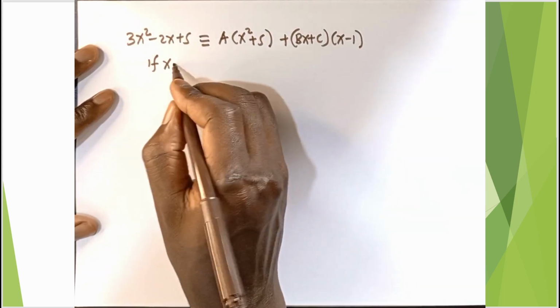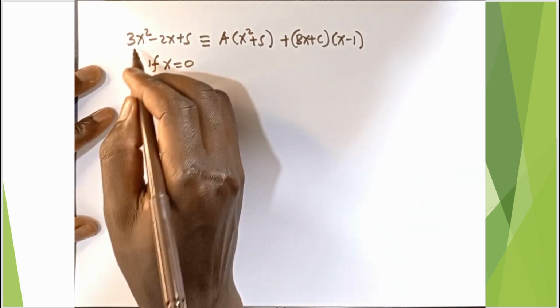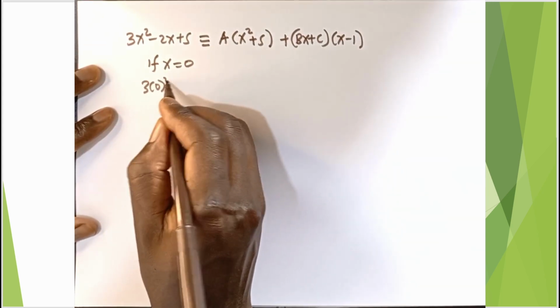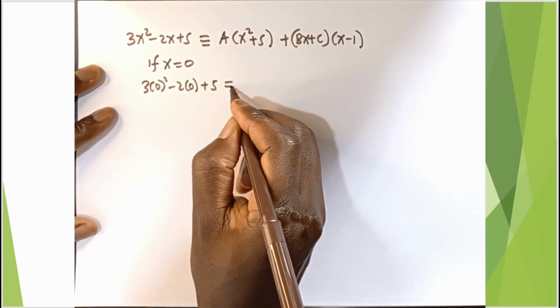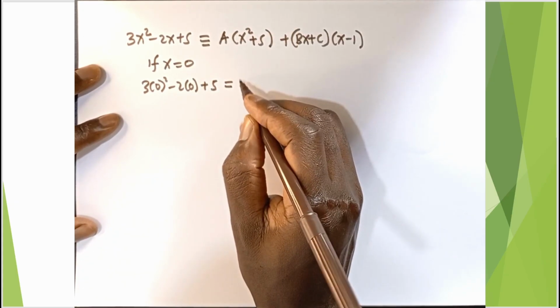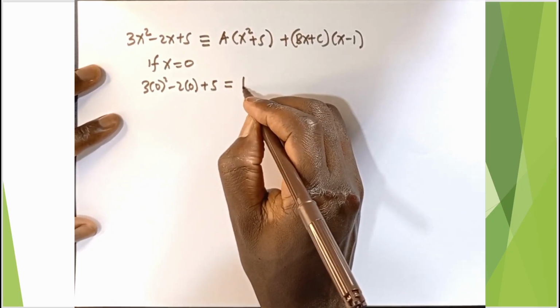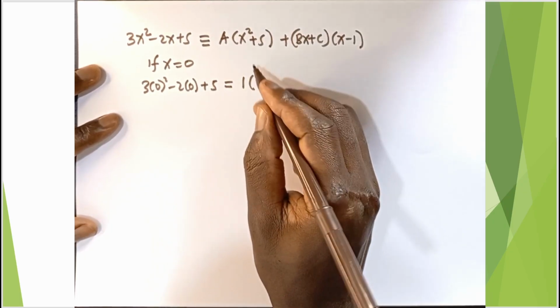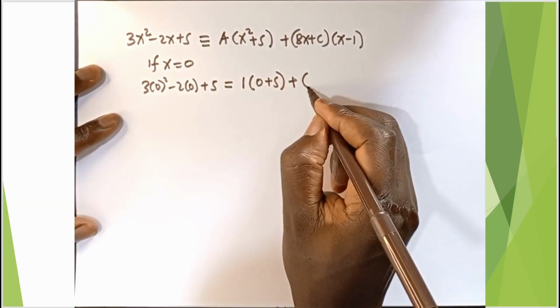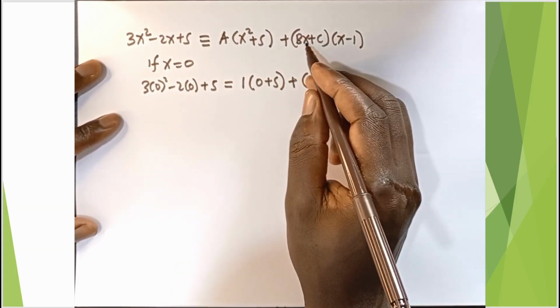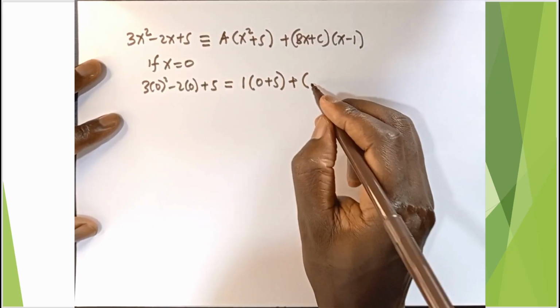So if x is equal to 0, I'll have 3 into 0 squared minus 2 into 0 plus 5 is equal to A, which we obtained as 1, into 0 squared, we get 0 plus 5, and then plus b will go to 0, because b times 0 is 0.